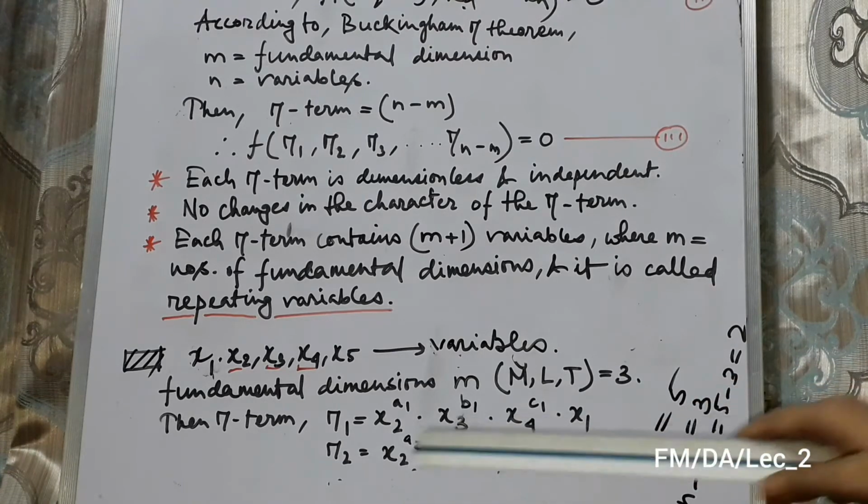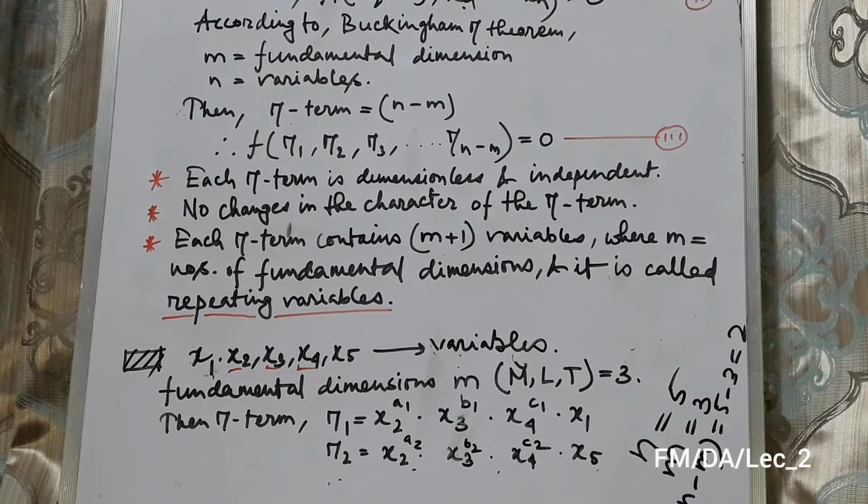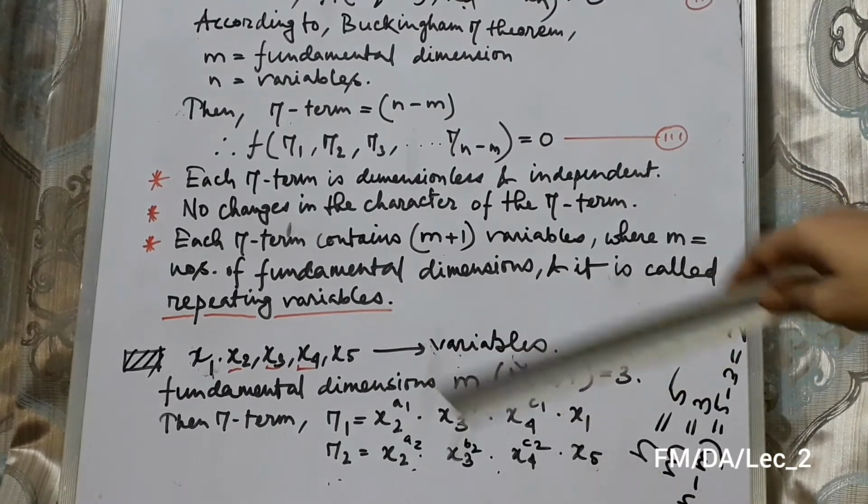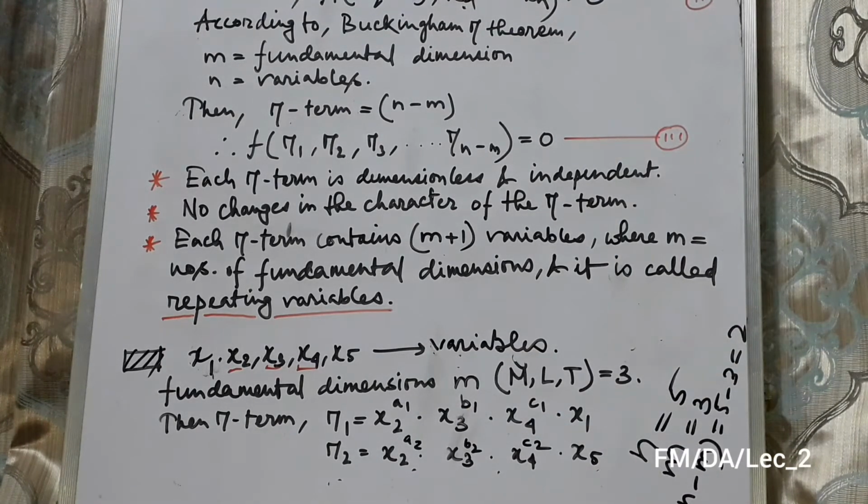So pi 1 equals x2 to the power a1, x3 to the power b1, and x4 to the power c1 into x1, and pi 2 equals x2 to the power a2, x3 to the power b2, x4 to the power c2 into x5. So x2, x3, x4 are the repeating variables.